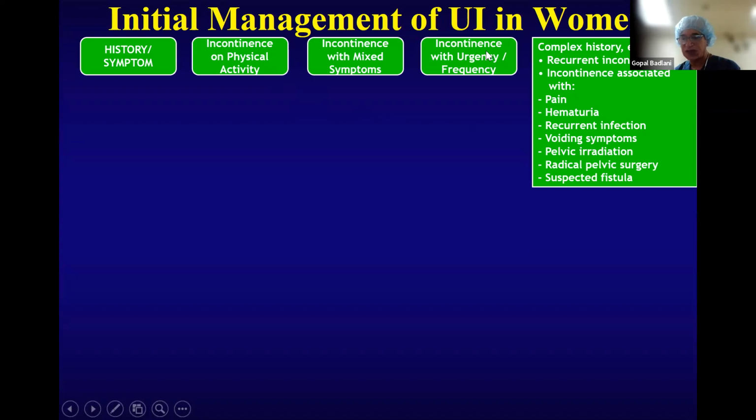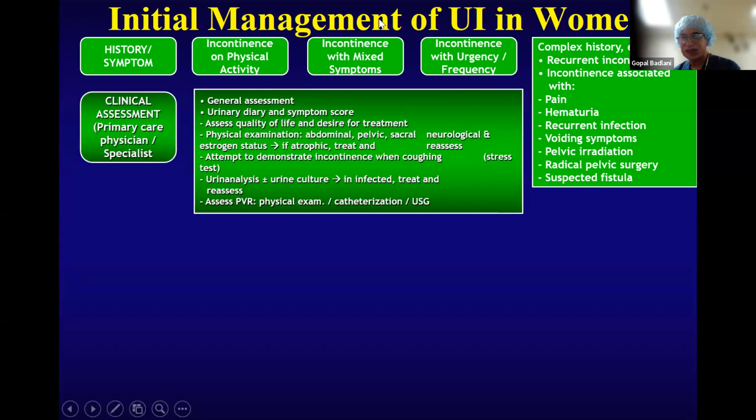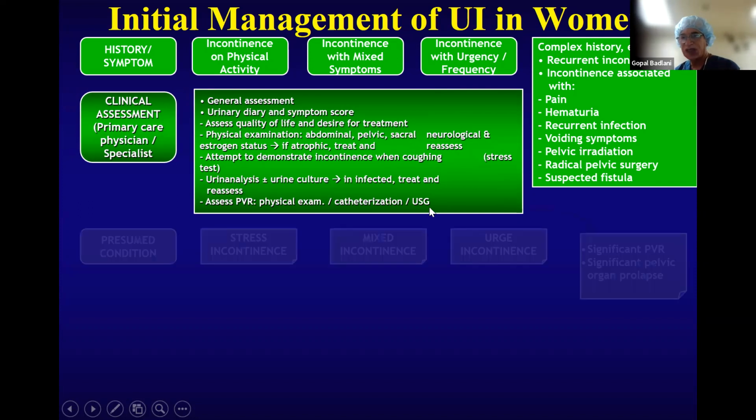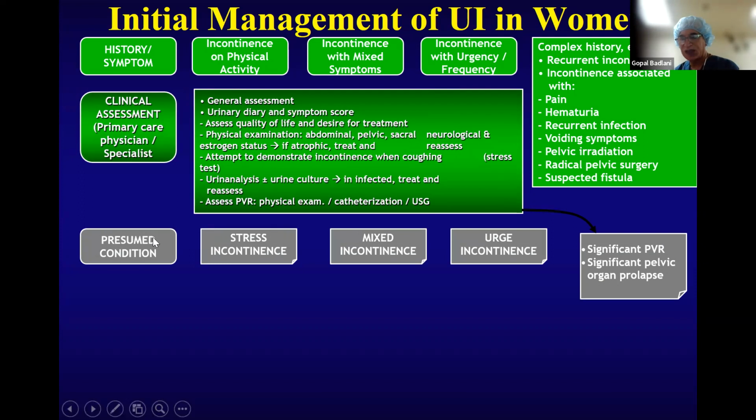Otherwise, just based on this history, you do a general exam, a diary, the quality of life, look at the pelvic exam, a urine analysis to rule out infection and bleeding, check a post-void residual, if necessary, with an ultrasound, and then proceed to treatment based on your presumptive diagnosis.